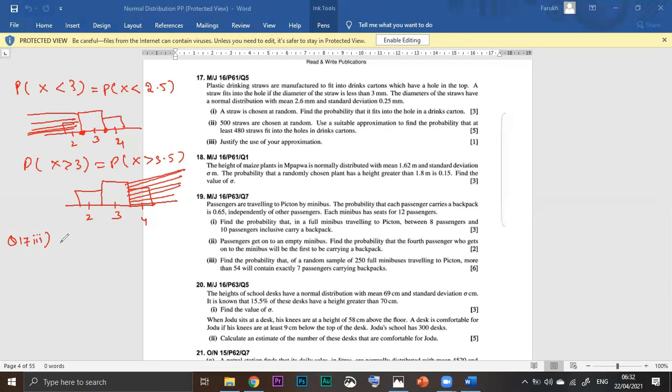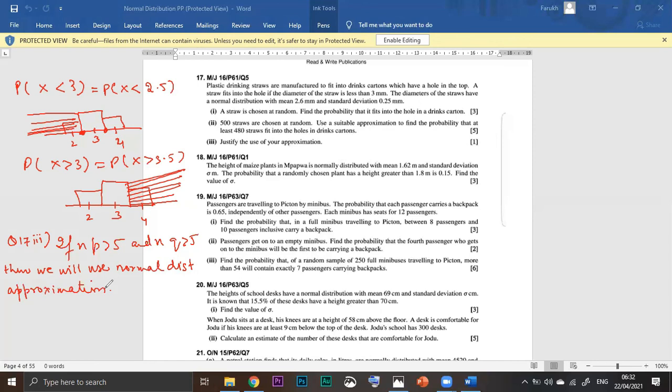The justification is, if np is greater than 5 and nq is greater than 5, then we will use the normal distribution approximation.